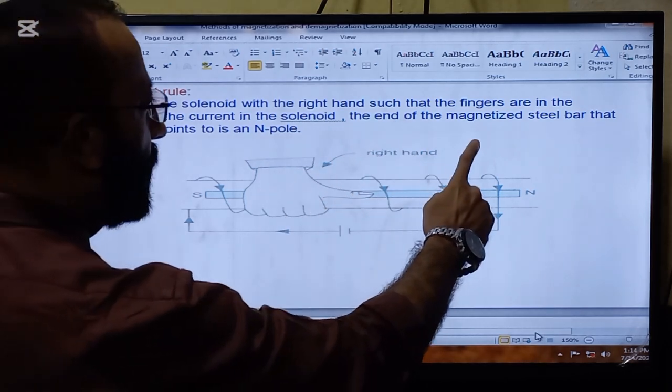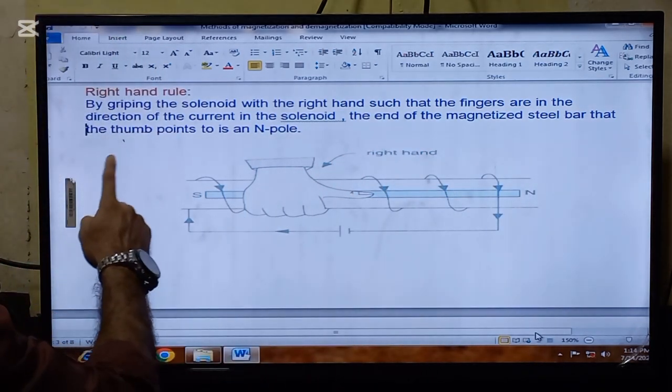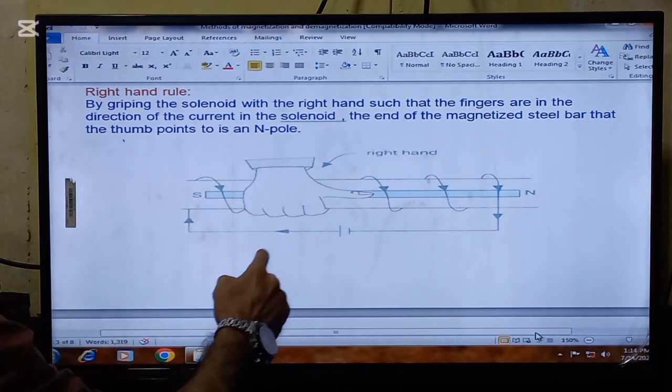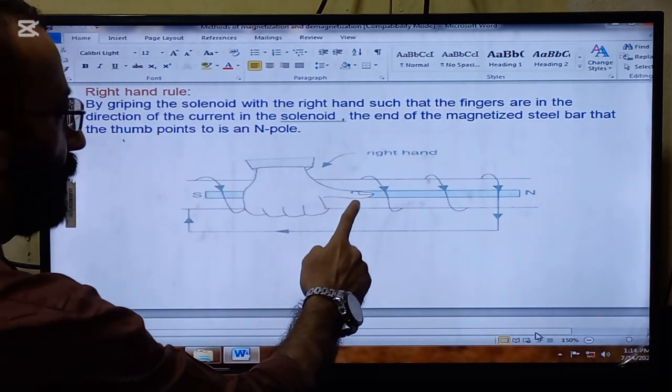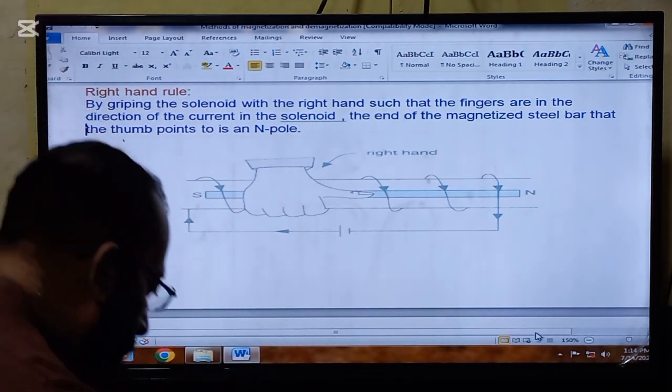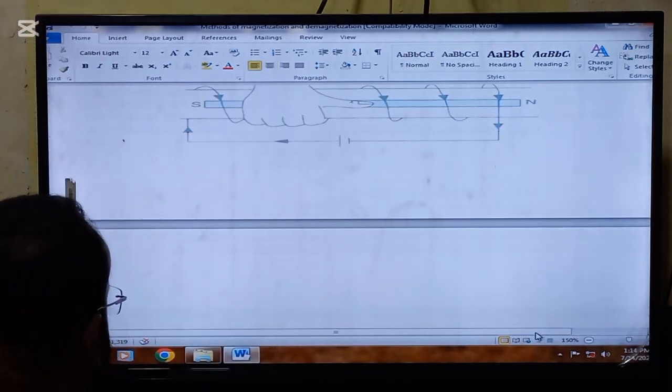The end of the magnetized steel bar that the thumb points to is the north pole. So your thumb will point to the north pole. This is called right hand rule.